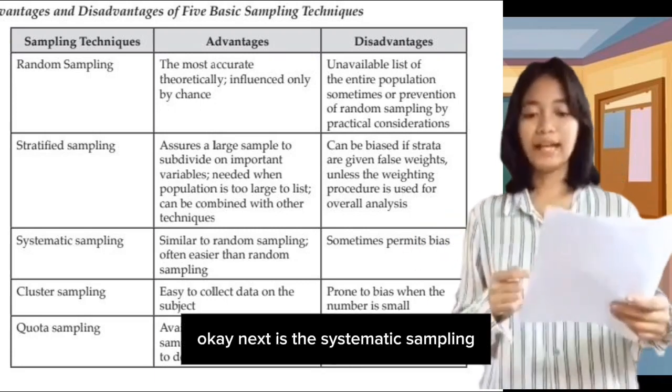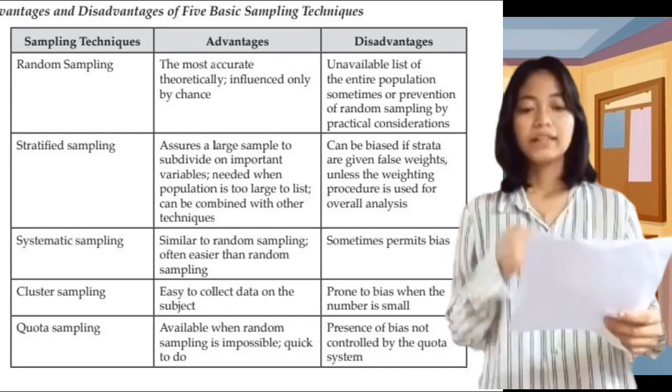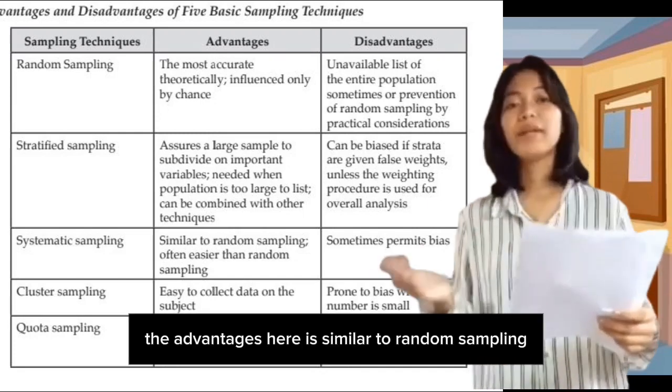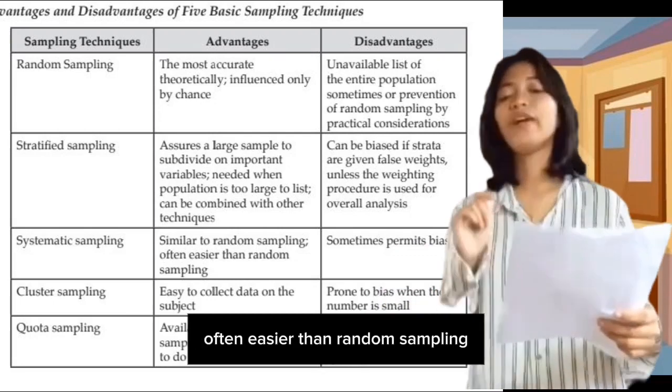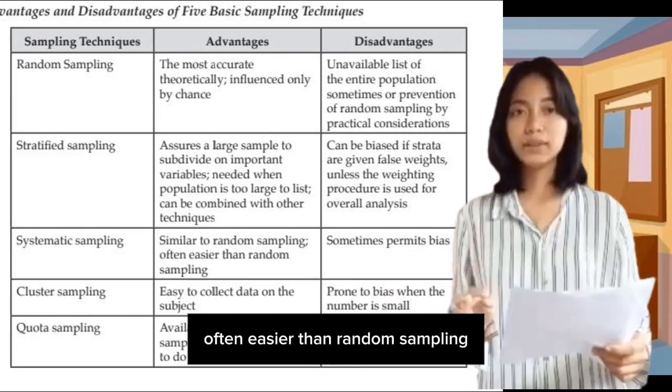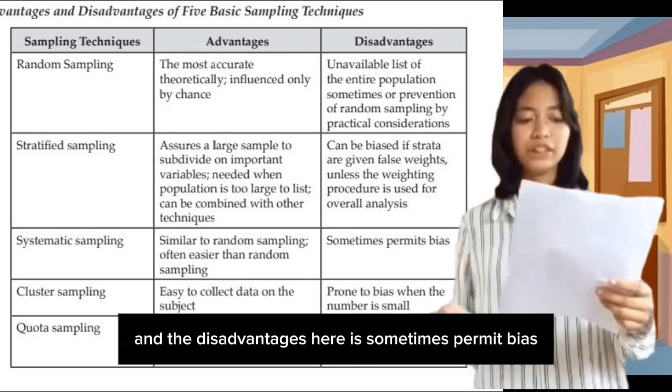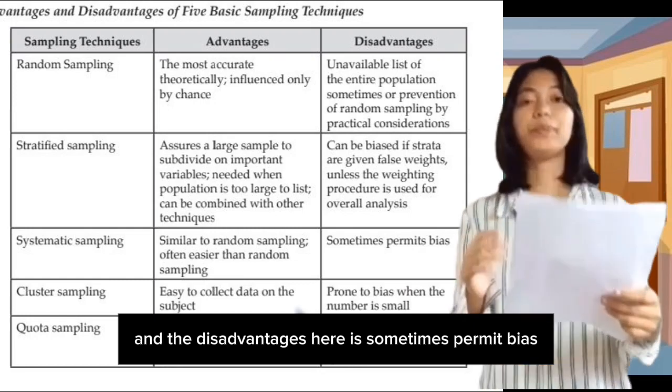Okay, next is systematic sampling. The advantage here is it is similar to random sampling, often easier than random sampling. And the disadvantage here is it sometimes permits bias.